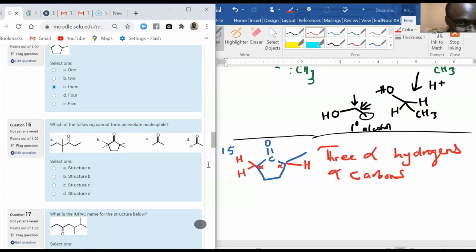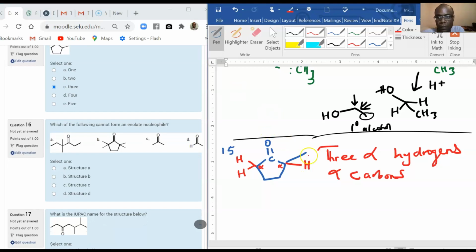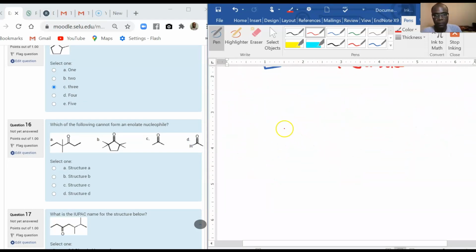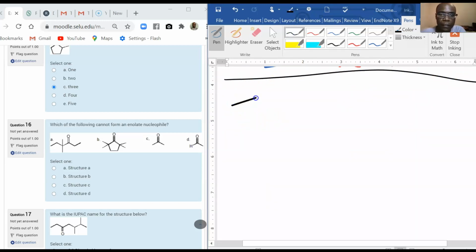Which of the following cannot form an enolate? Now, I hope you remember what enolates are. Just to give you an overview, if you have an alpha hydrogen, I'm just showing one of those, there are 3 here, 3 here, and you bring a base.